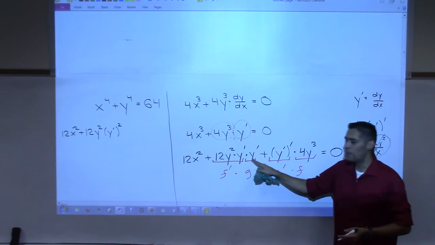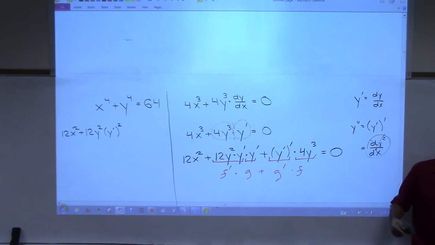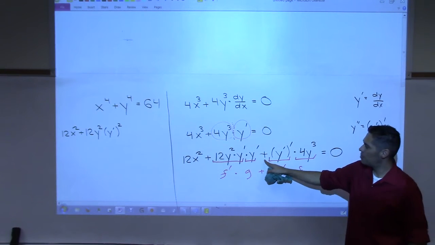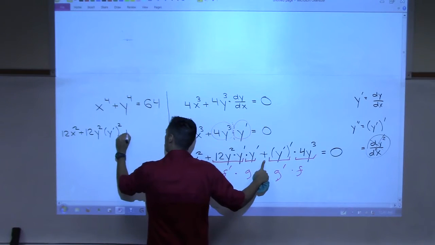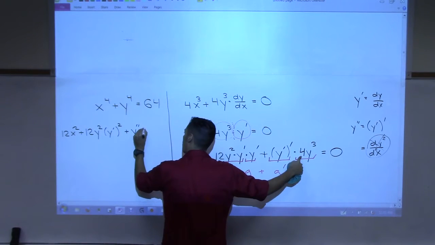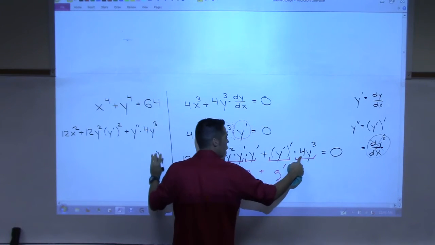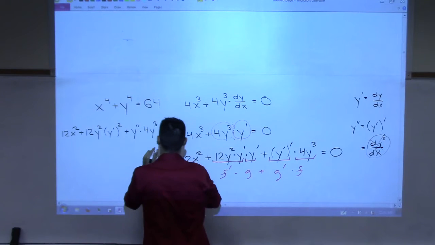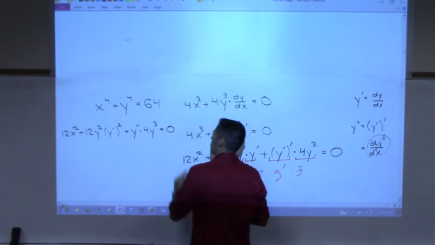It's not y double prime, it's y prime times itself, y prime squared. Plus y double prime, and then times 4y cubed, and then equals 0. There we go.